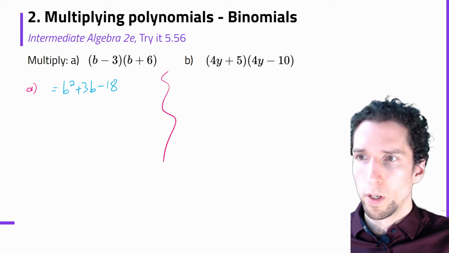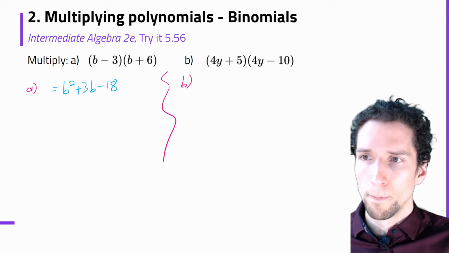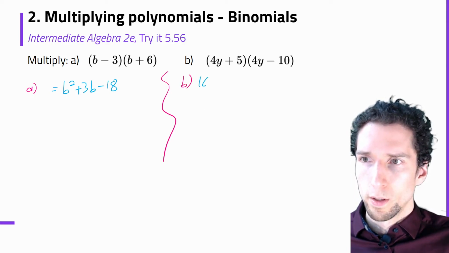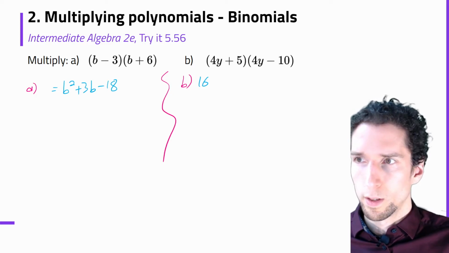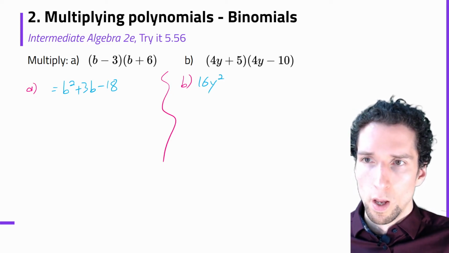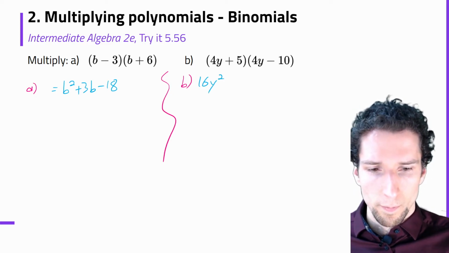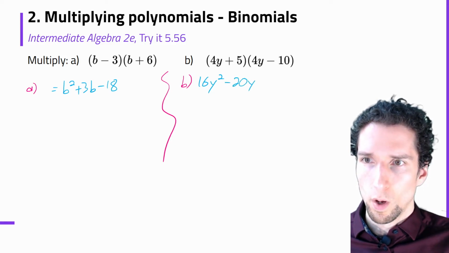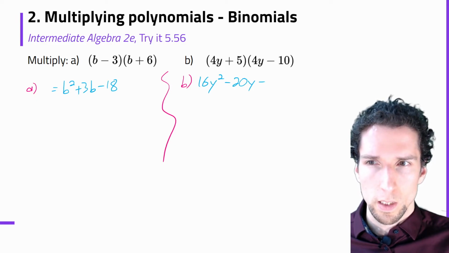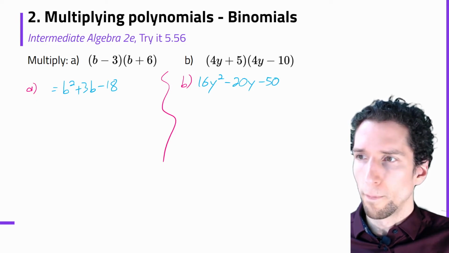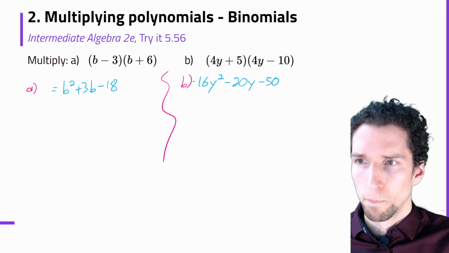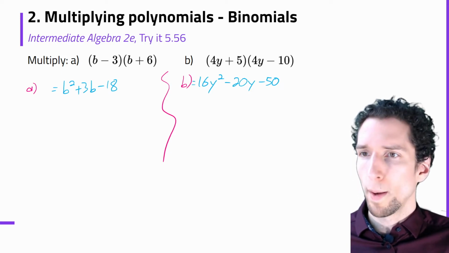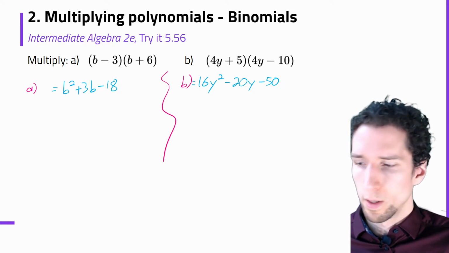And the other one here, b, will give us 16y squared and minus 20y and minus 50. Okay, hopefully you got the same result.